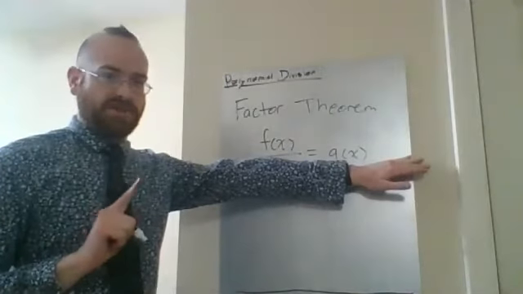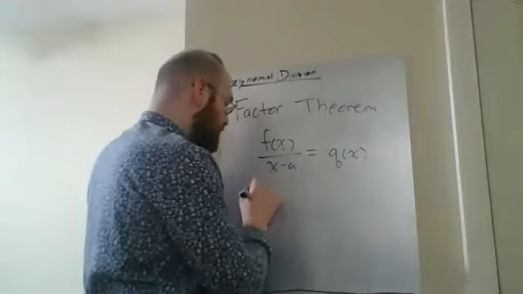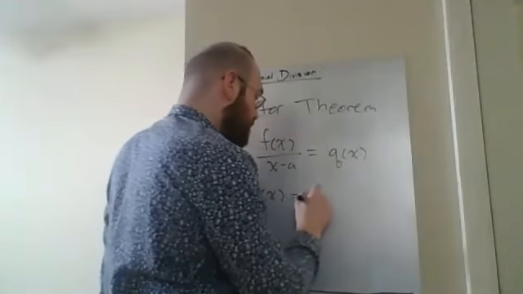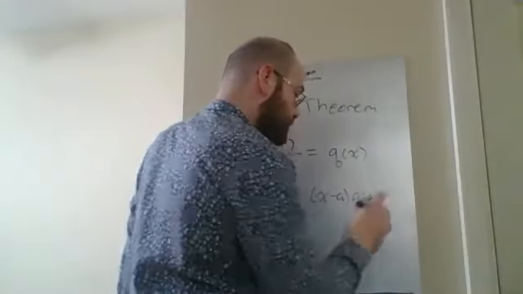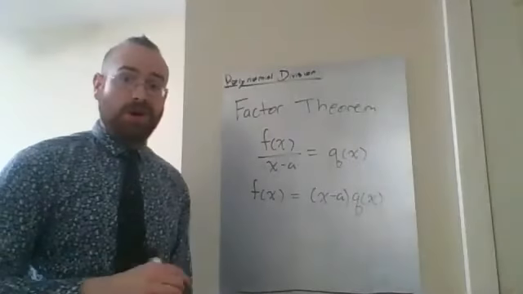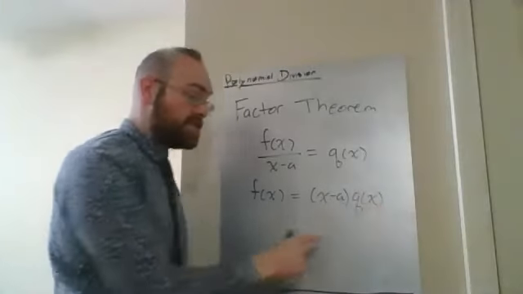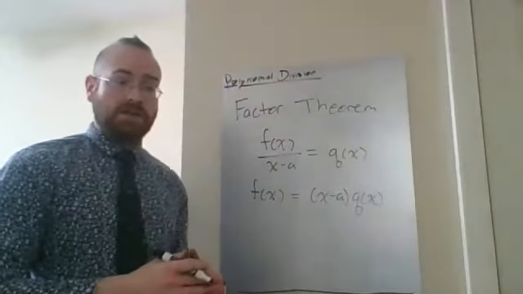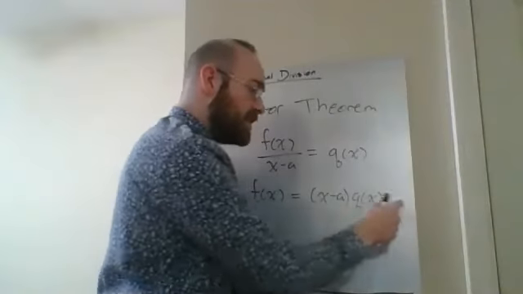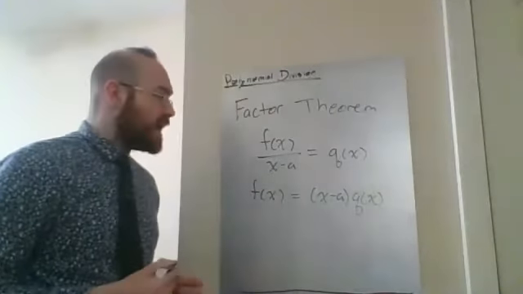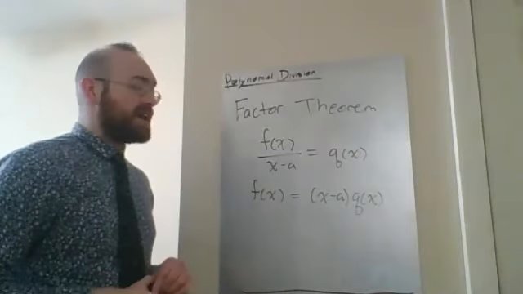This is where the remainder theorem comes in. So then we can say f of x can be factored as x minus a times the quotient. And in practice, we're often going to factor the quotient until we can get to a linear factorization. That means all of our factors are linear. But for right now, this is really what the factor theorem says.